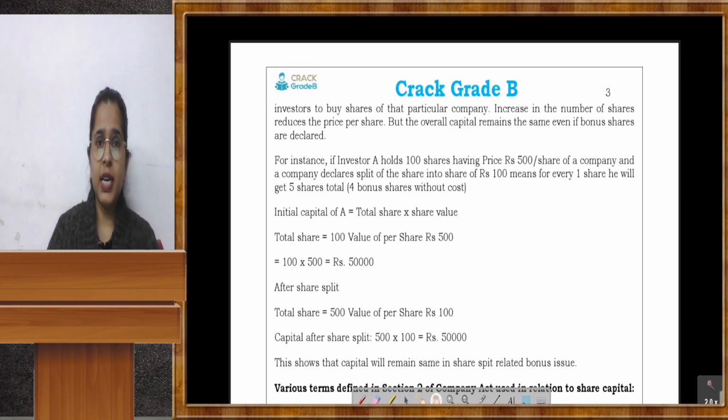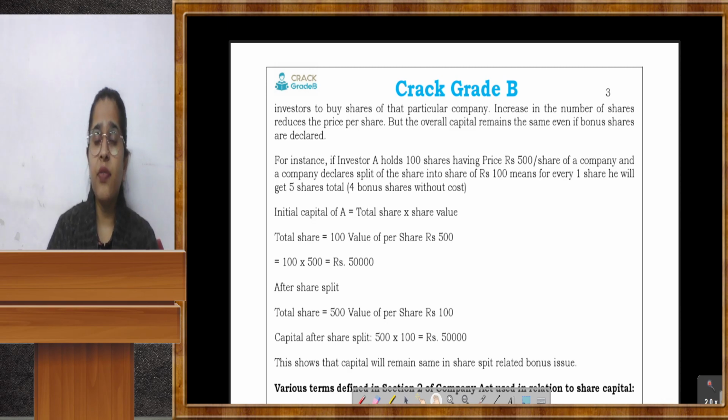And another impact is, see, all must have studied economics, and if not, then I will tell you, whenever supply of anything is more, the demand of it comes down and it reduces the price. Just like you can take the example of onions.